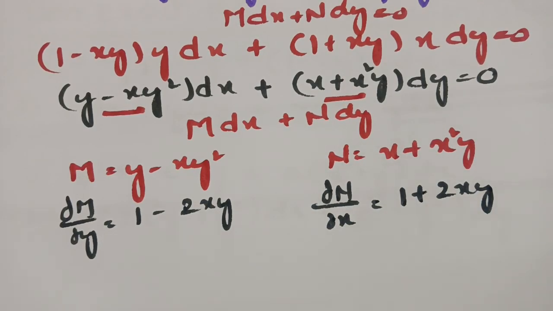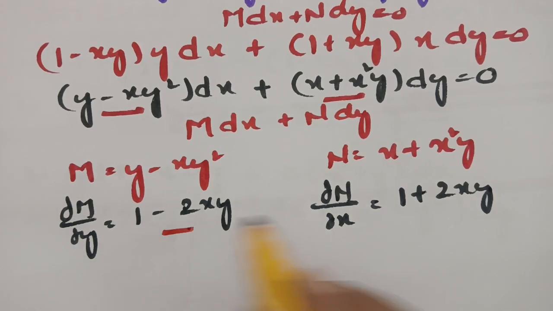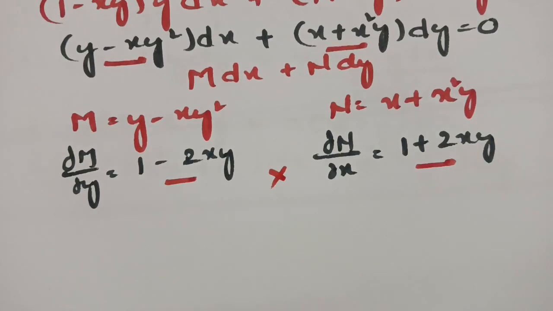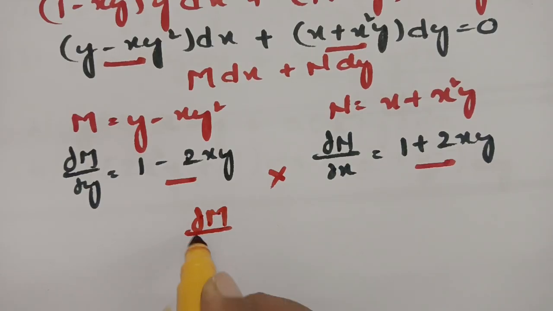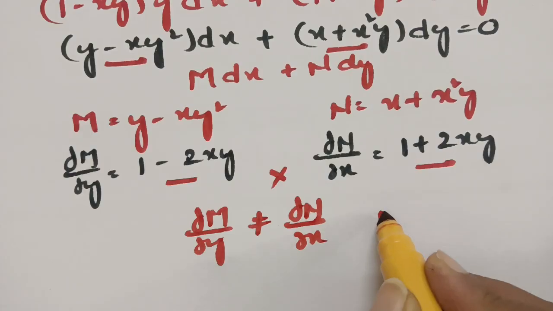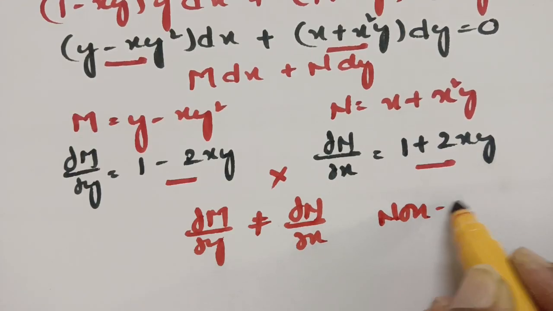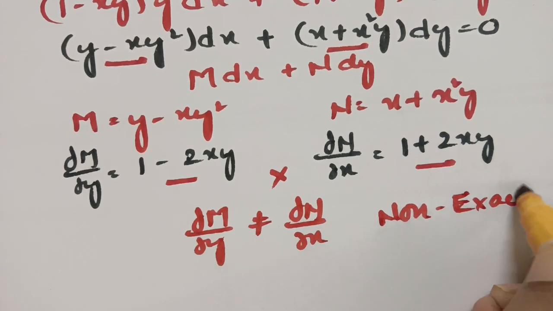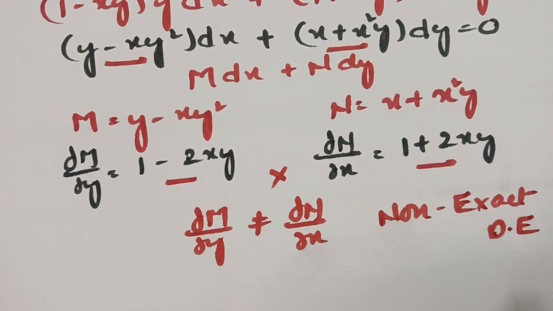If you observe, both are not equal. So these two are not equal, and therefore we say that dou M by dou y is not equal to dou N by dou x. So here it is non-exact. So the given equation is a non-exact differential equation, and we have to find the solution for it.